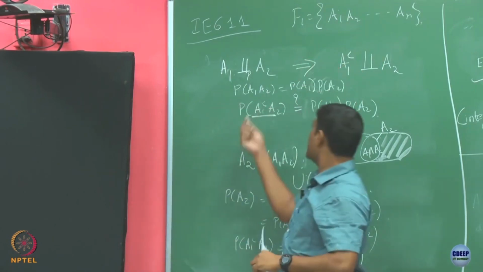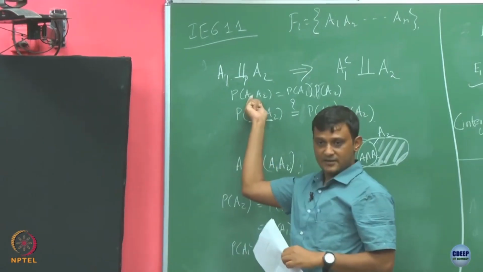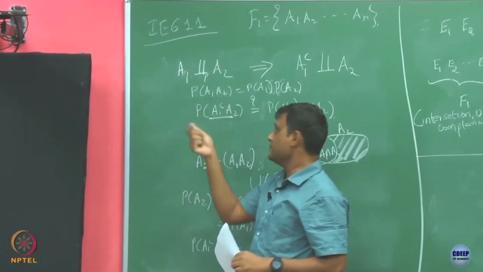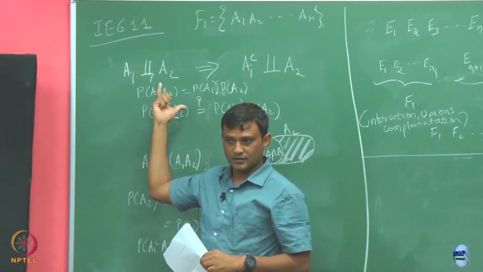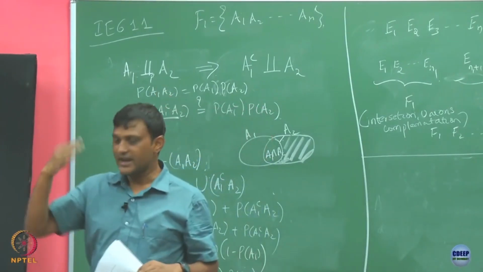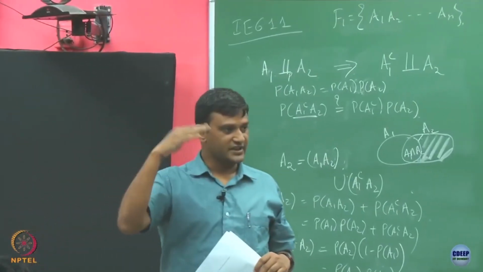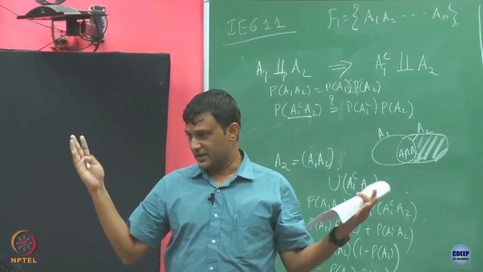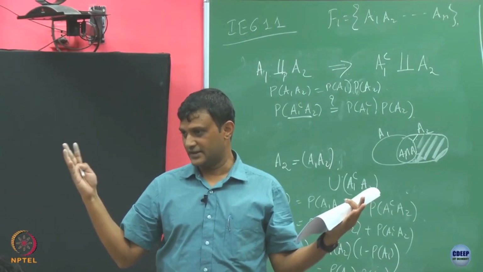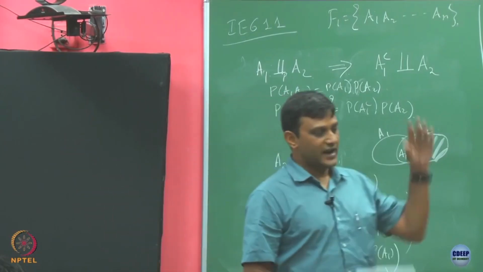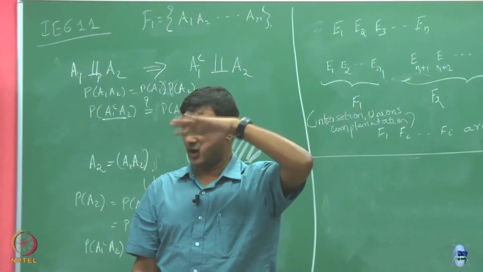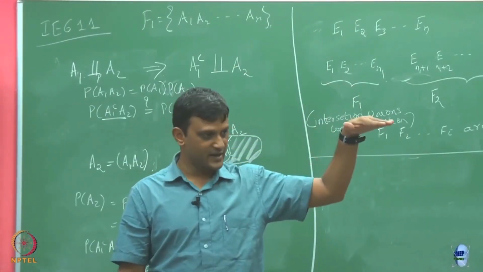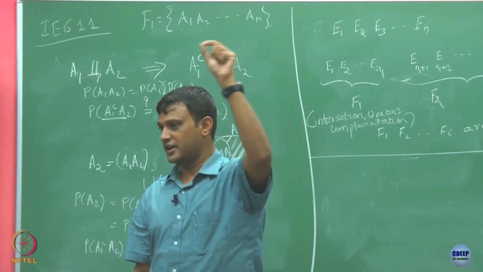All I need to define is probabilities for the individual events, and from that I can derive all the joint events. In that way independence brings a lot of simplicity when I have to analyze a big chunk of events. For example, if you want to find the probability that this happened, that happened, and that is going to happen, and you know that they are independent, all you need to know is the probability of each of these terms.